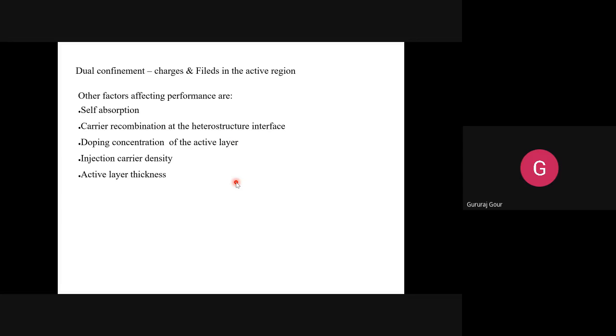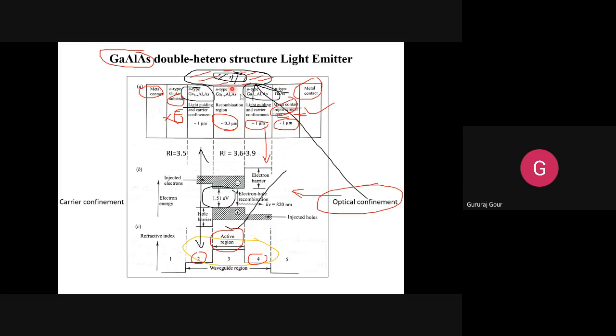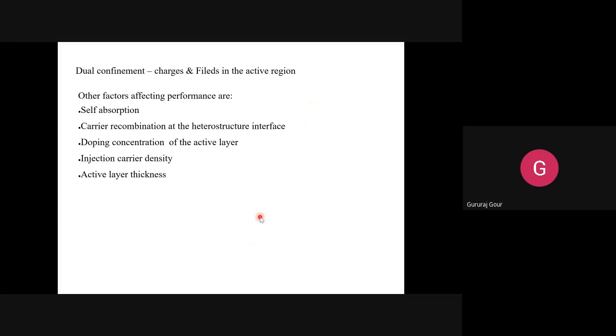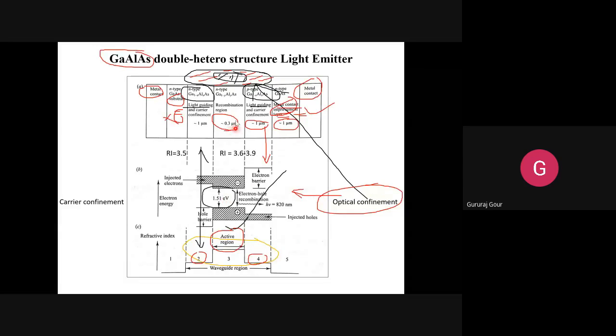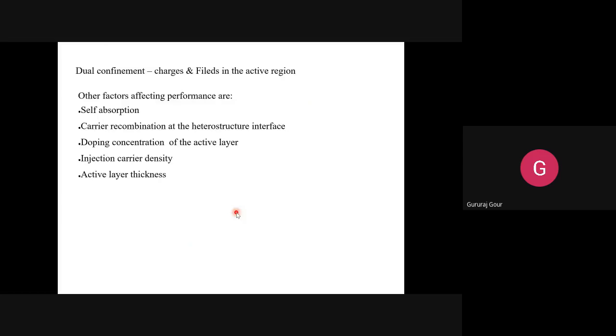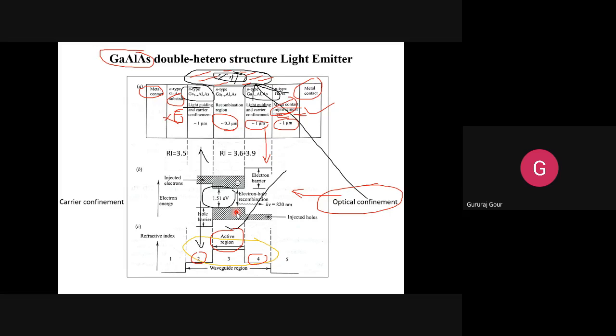Injection carrier density: the majority carriers injected by these two layers into this layer, the top layer, and by the bottom layer, some injection carrier density is not properly supported, and the active layer thickness we still want to be thicker to support more. These are some of the drawbacks and manufacturer design aspects which become the limiting factors for the performance of the gallium aluminum arsenide double heterostructure LED.